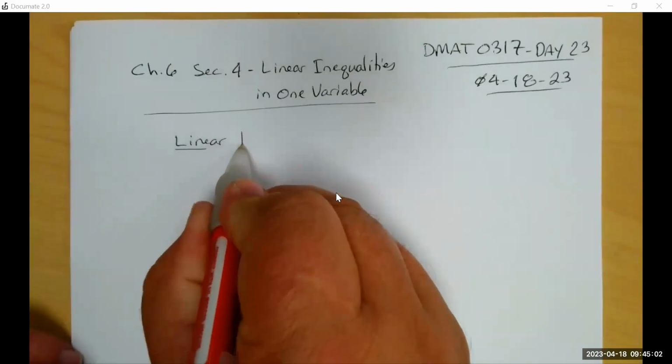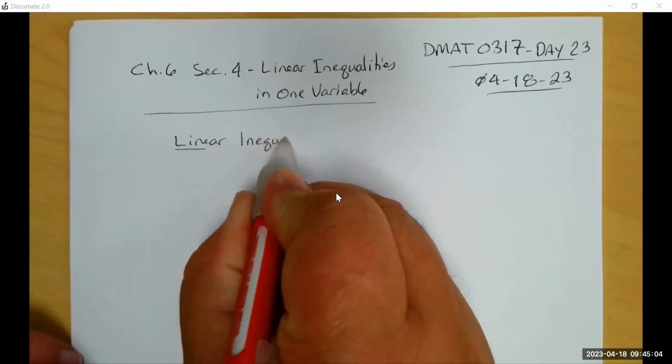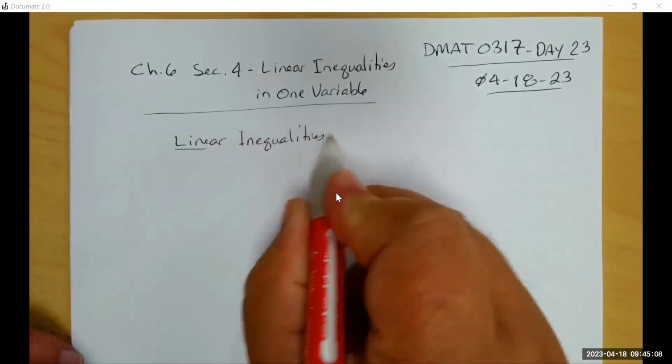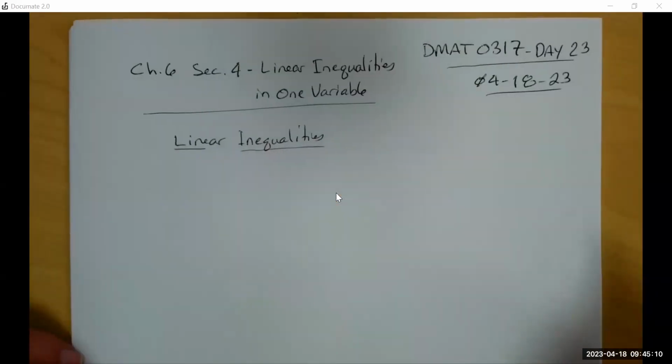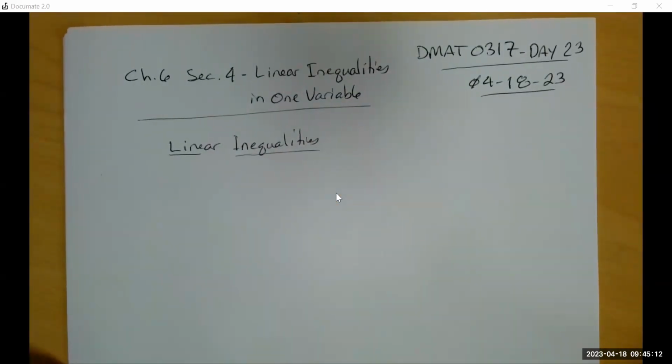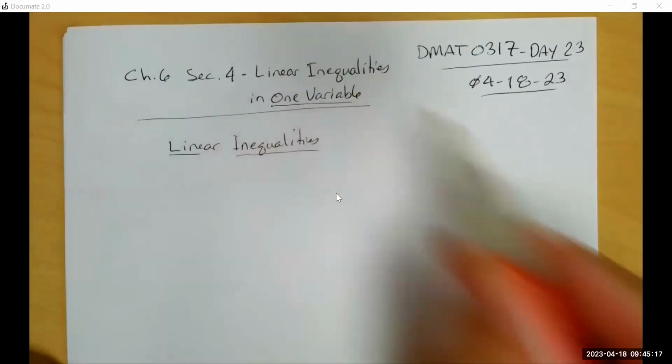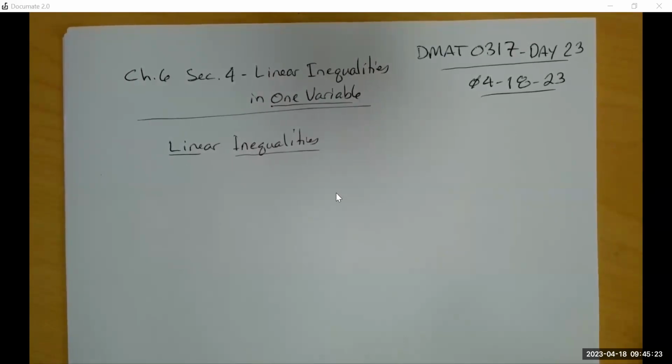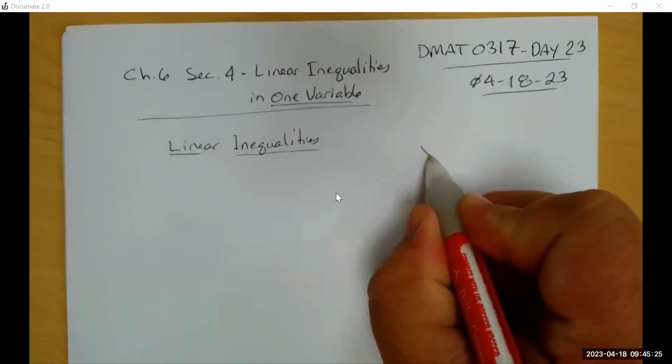Linear inequalities are inequalities that are on the number line, because it says one variable. So it'll look something like this.